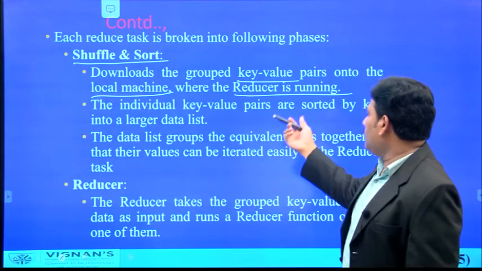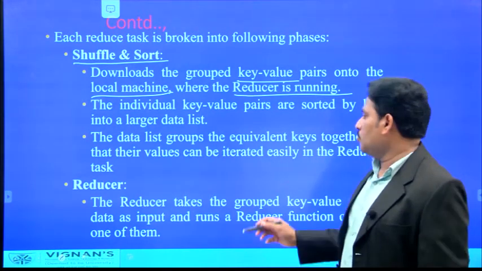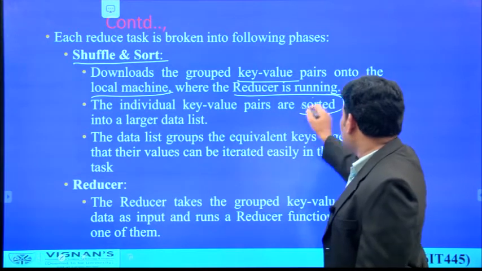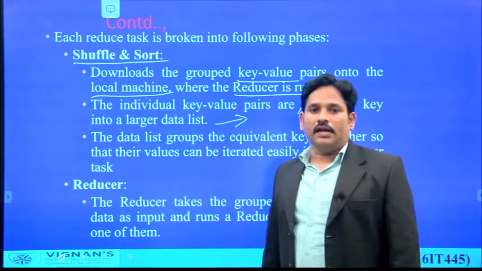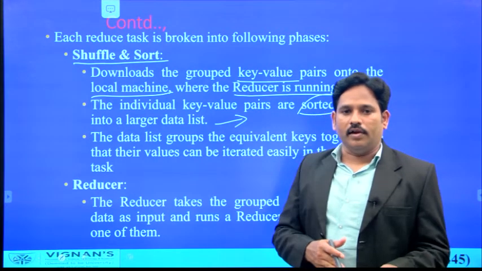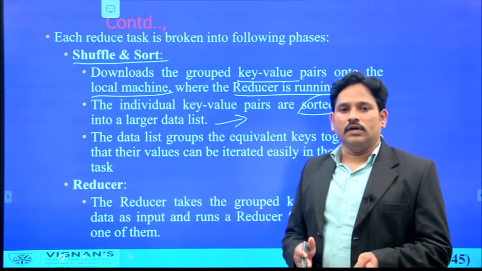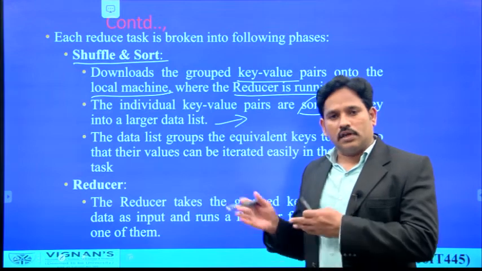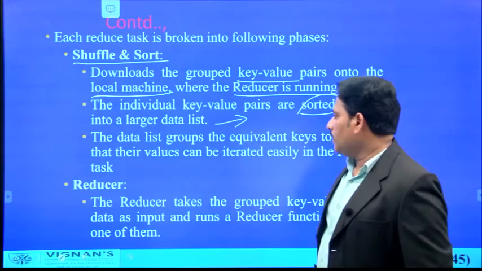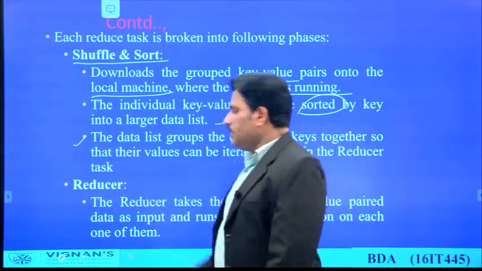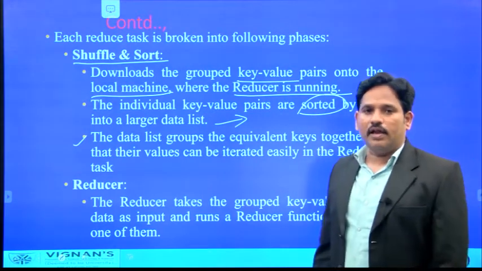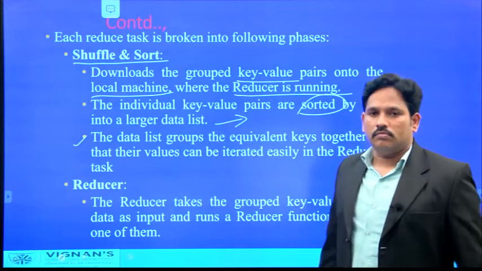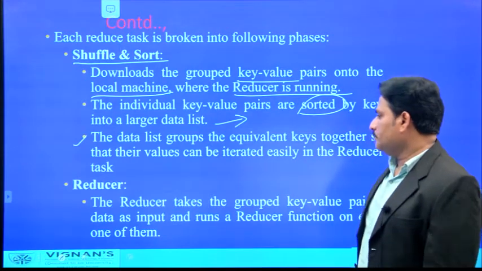Now every individual key value pair is sorted by applying some sorting techniques in order to handle large data lists. So here we are applying shuffling and sorting of the input data which came from the map module. The data lists are going to be grouped based on the equivalent keys and their values.